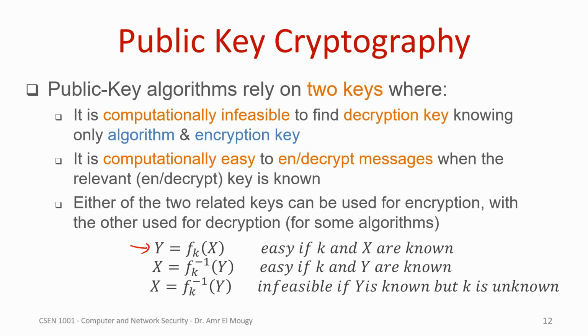Okay, x equals f inverse of y, or f of negative 1 of y with the key k, is also easy if k and y are known. So encrypting and decrypting are actually easy. However, the same decryption should be infeasible if y is known but k is not known. That means if you don't know the key, it should be computationally difficult to break the algorithm and obtain back the plain text.